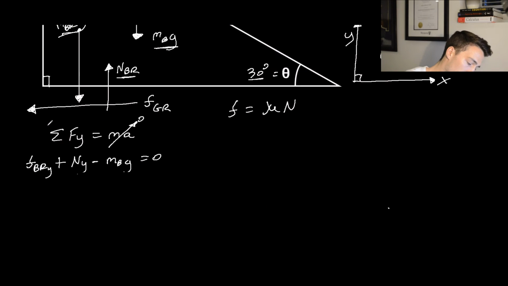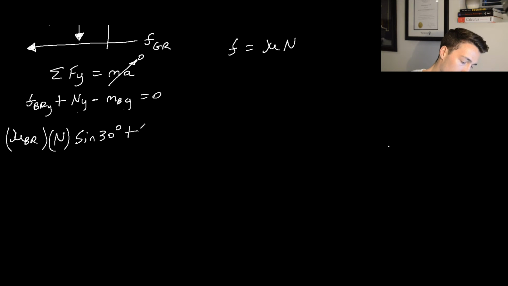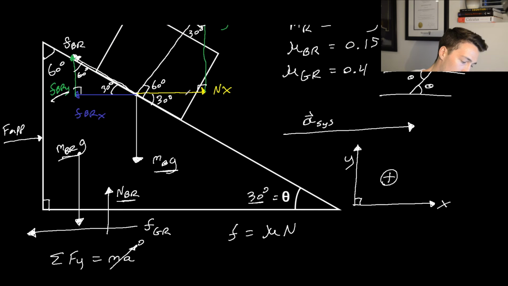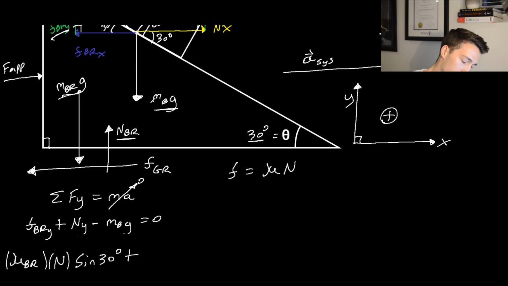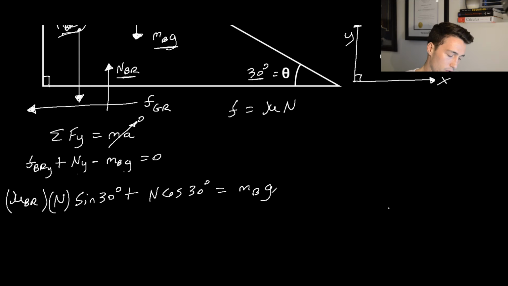So the force of friction, which is mu BR multiplied by the normal force, and then multiplied by sine of 30 degrees, plus N_y, the normal force in the y direction, that's going to be cos of 30. So we have N cos 30, and that's going to equal the gravitational force.